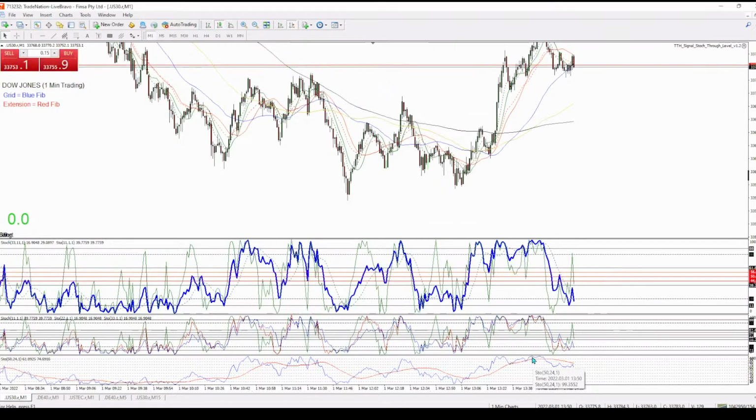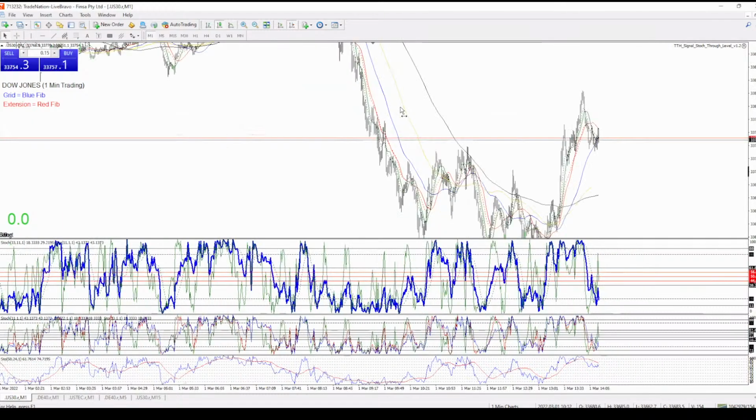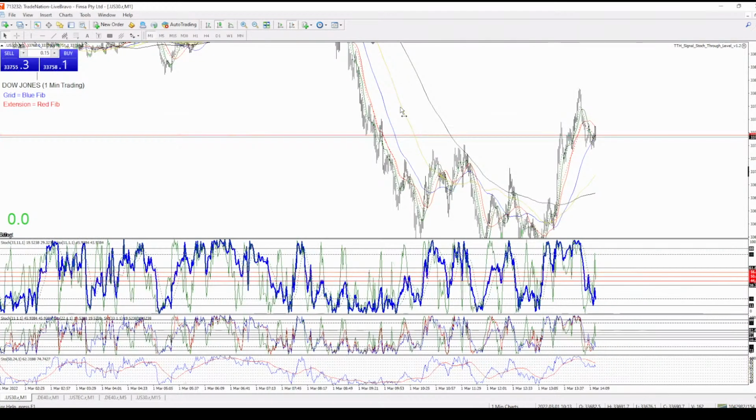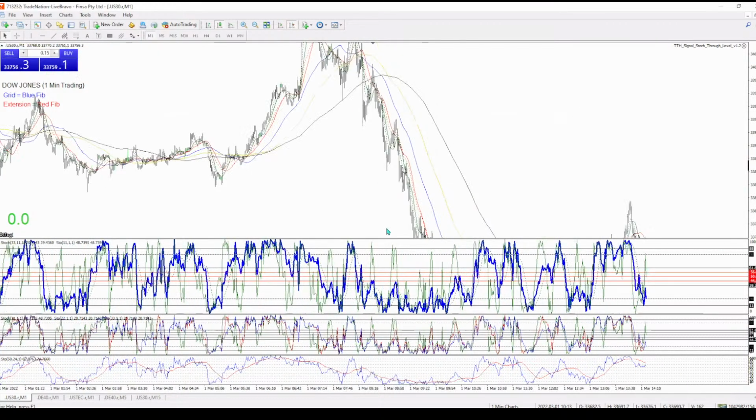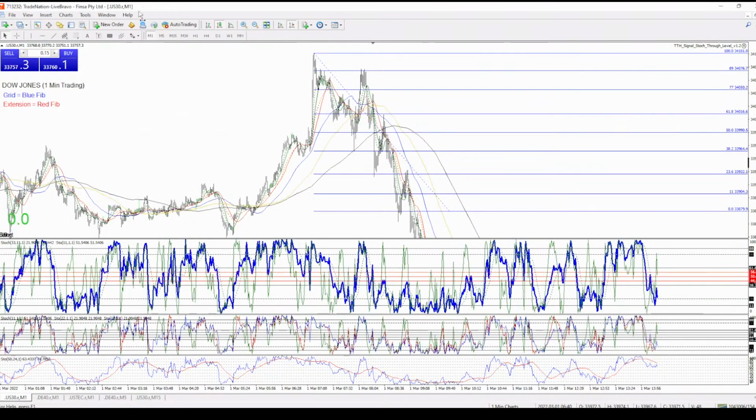For the Dow, let's just make sure we had any significant levels. So from what I know, from the highs to the low still.